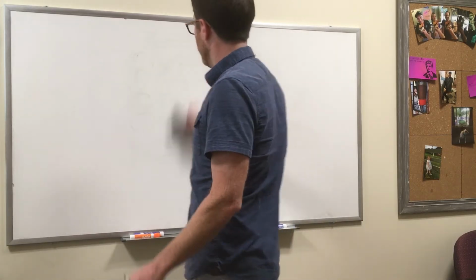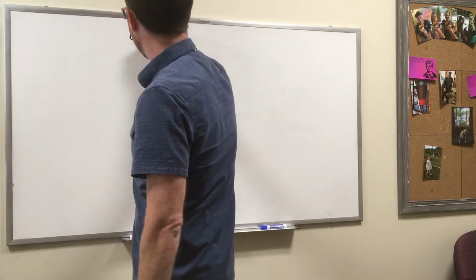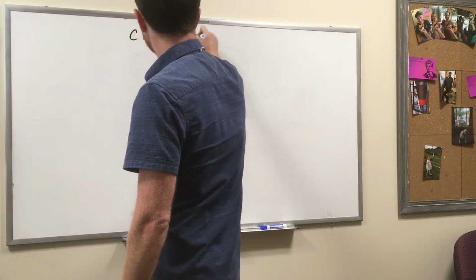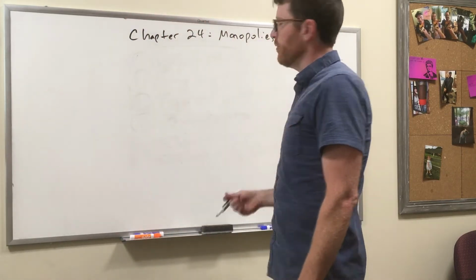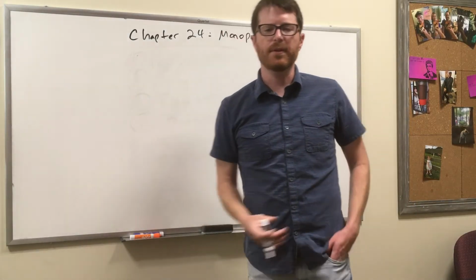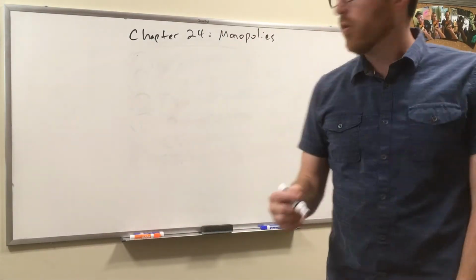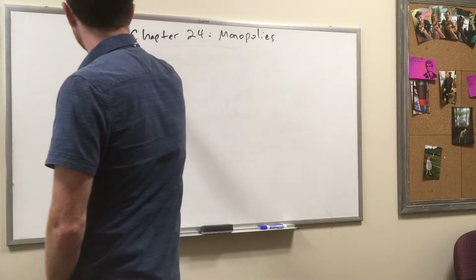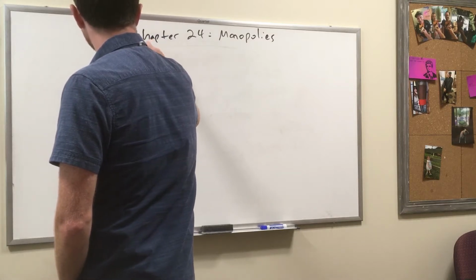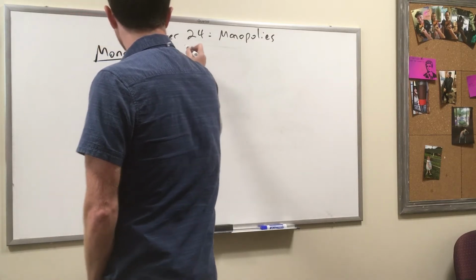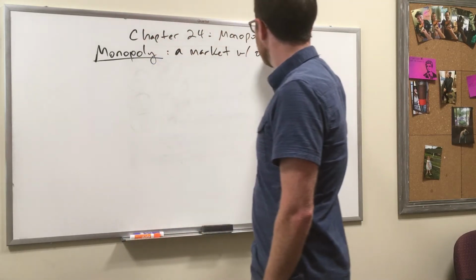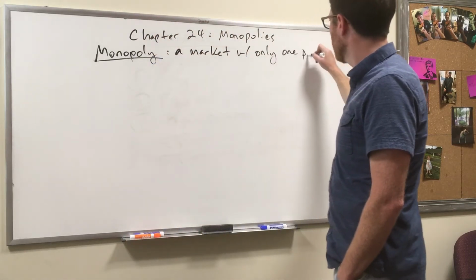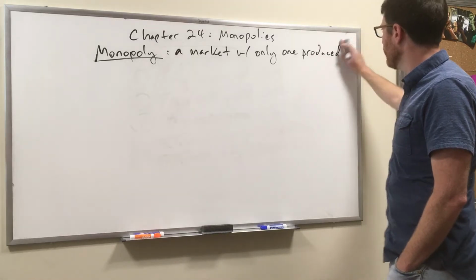In the version of the book I'm using, this is chapter 24, Monopolies, the chapter immediately following perfect competition. Probably don't have to define this, but just in case, a monopoly is a market with only one producer.